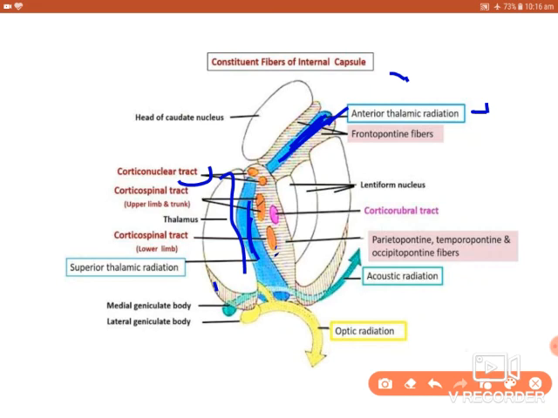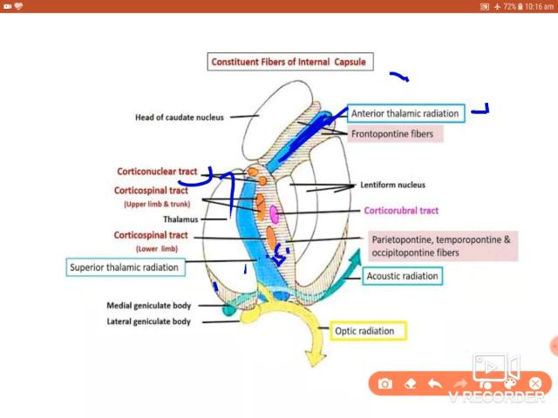Then the superior thalamic radiation, here it's directed superiorly, and you can see these fibers going to the primary sensory cortex.